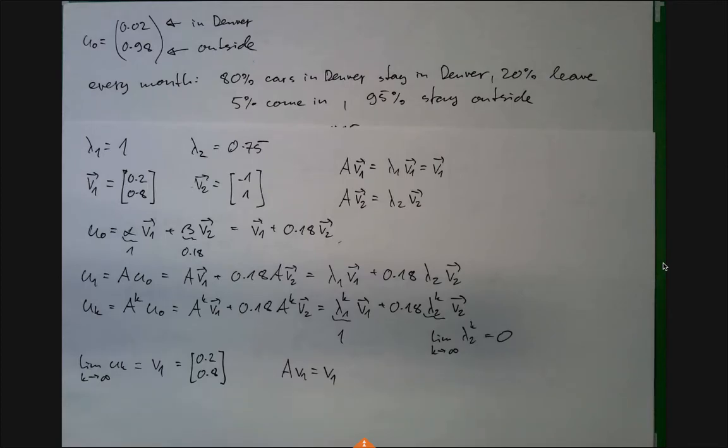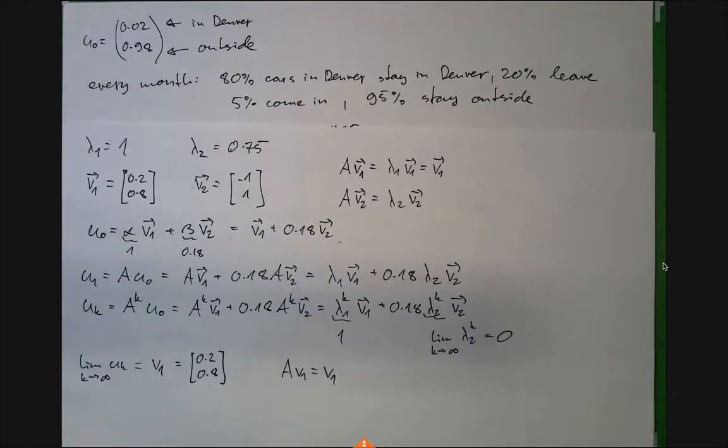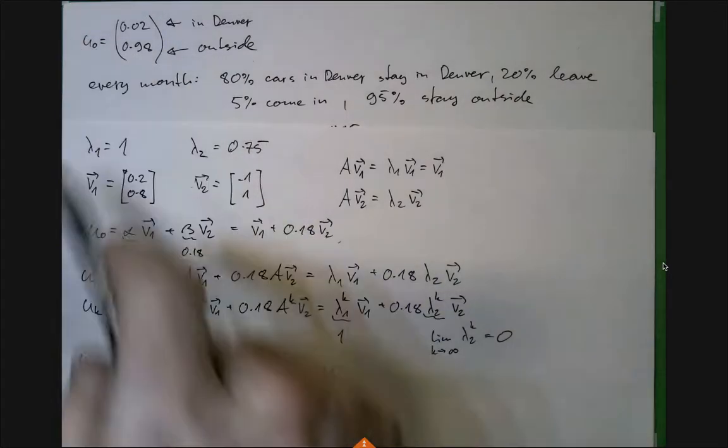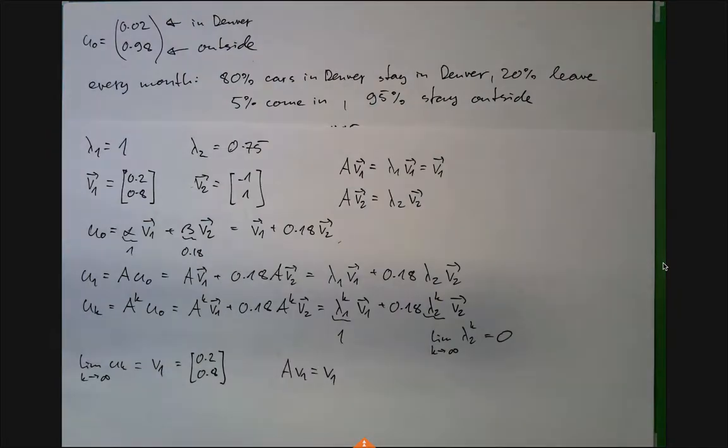By the way, there's one interesting thing. How does the initial distribution matter? Slightly tricky question. What if there were more cars in Denver to begin with? Would it make any difference? It wouldn't. It would make absolutely no difference.